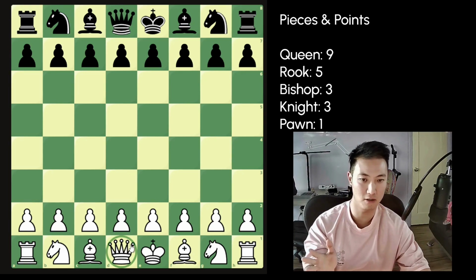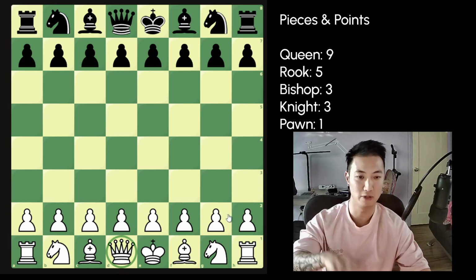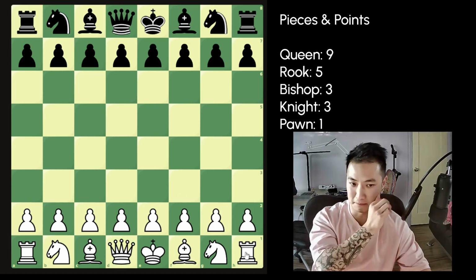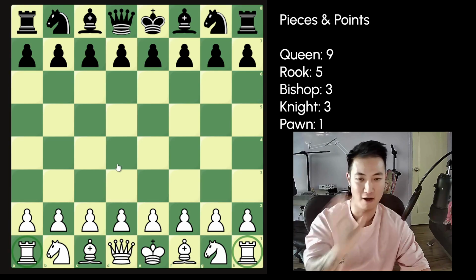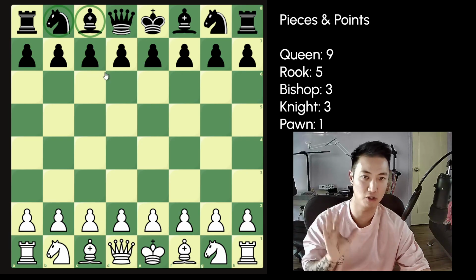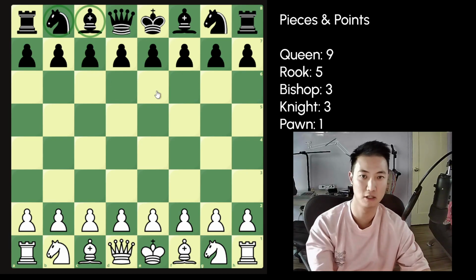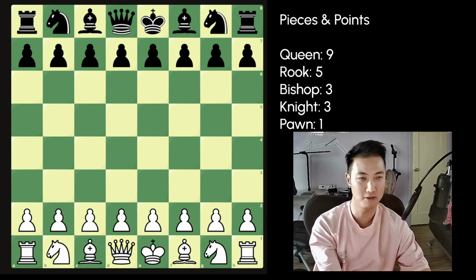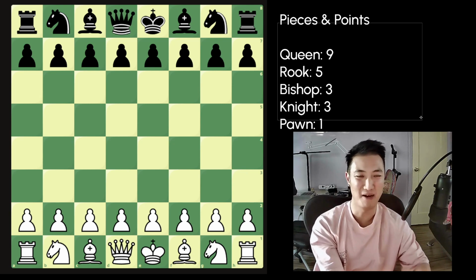Queens are the most valuable, and you only have one. Rooks are 5 points each, and then the bishop and knight, which are considered minor pieces, are worth 3 points, and each pawn is worth 1 point.